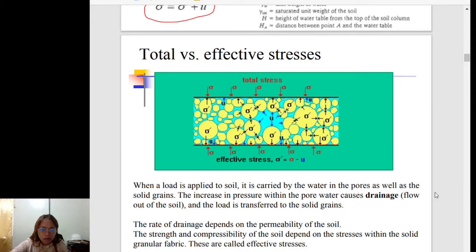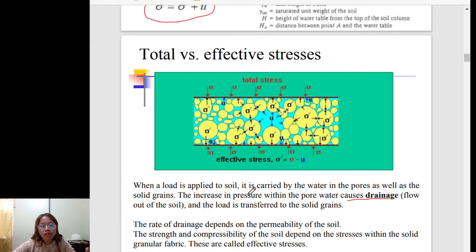From this statement, when load is applied to soil, it is carried by both water and the solid grains. So if you increase the pressure, meaning you increase the load, there is a tendency for the water to drain, causing water to flow out of the soil.